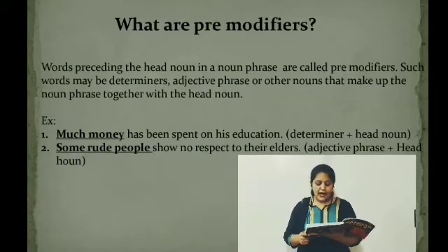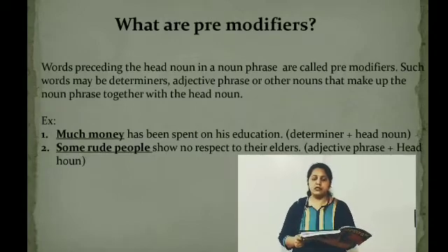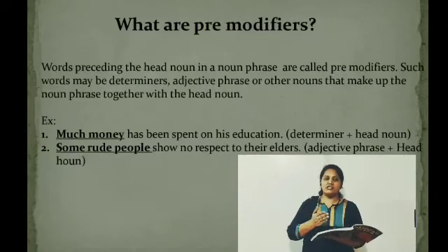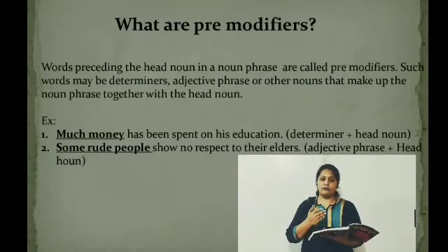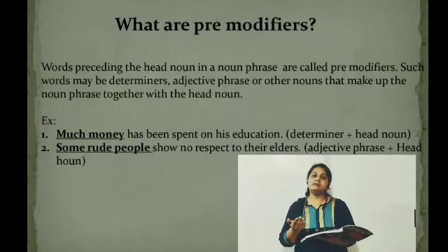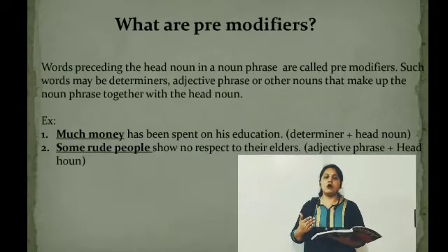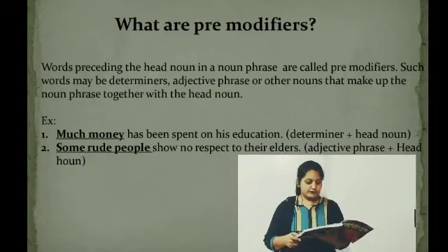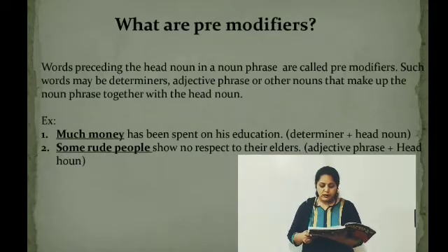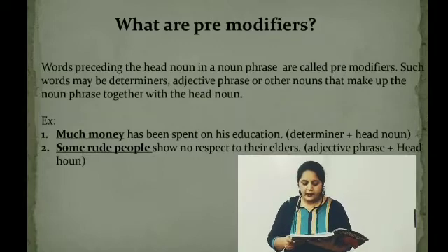Much money has been spent on his education. Here money is the head noun and much is its modifier, working as a determiner placed before the head noun, so it is called a pre-modifier. The next example: some rude people show no respect to their elders.